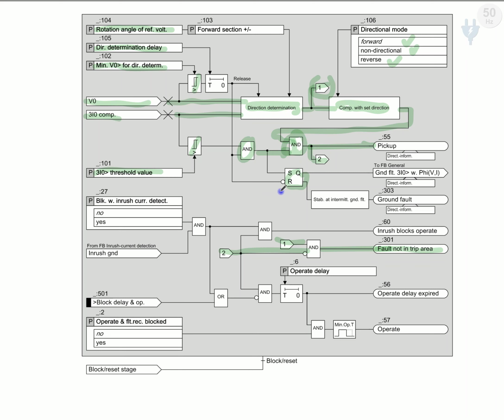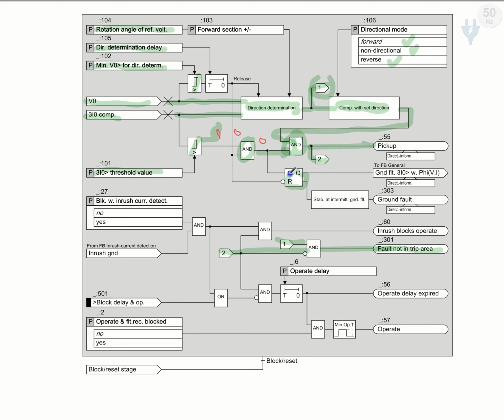This is inverted, so if we don't have any signal after the threshold, we have 0. If we have a 0 signal after the current threshold, it means the current has not passed the threshold. And here also we have 0. The output of this block becomes 0.